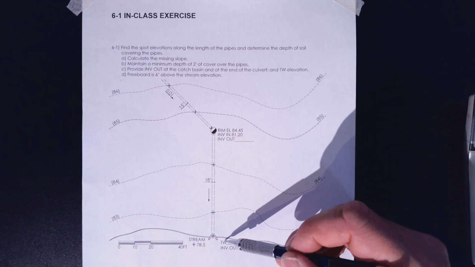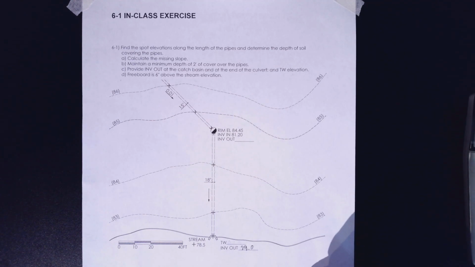To get the top of wall, we have a pipe, right? And then we have to have 2 feet of cover, 2 feet of dirt, before you get to the ground above it. So for this pipe, we have this elevation right here, the bottom, the invert out.